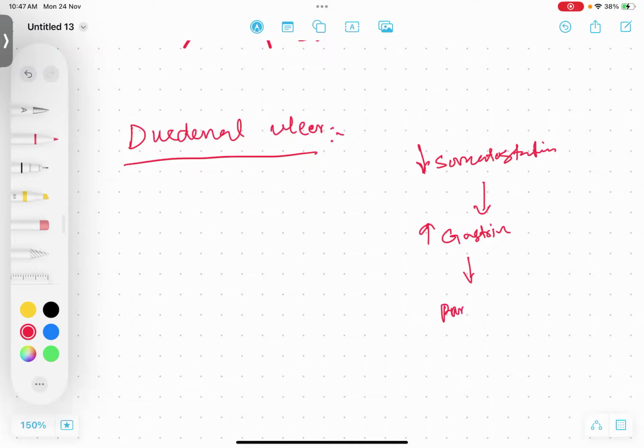So parietal proton secretion will increase, right? So there will be a lot of acid produced, and a lot of acid going into the duodenum, which is underprotected.